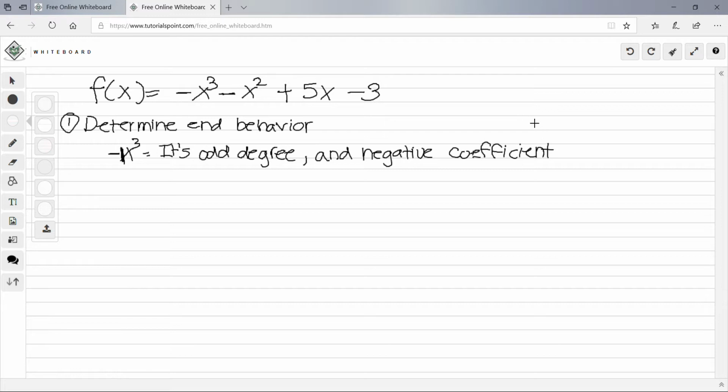So that means there's going to be a reflection on x-axis.